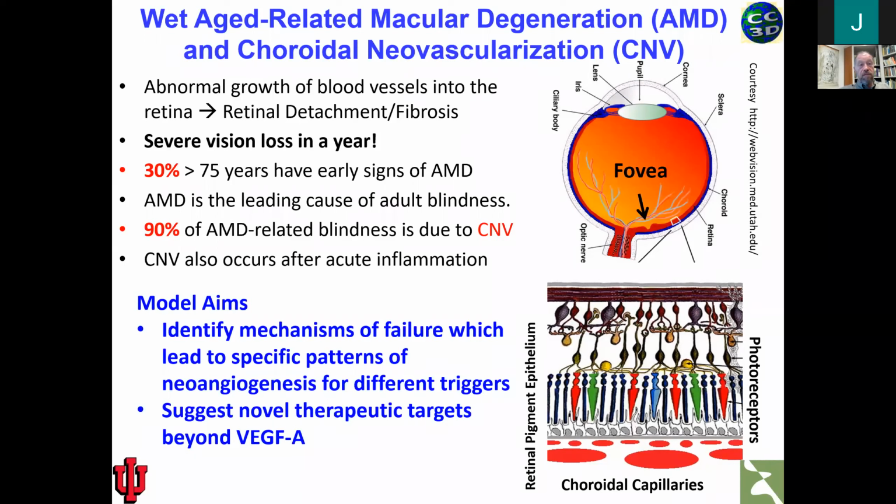Historically, people have identified vascular endothelial growth factor A, that growth factor we studied in the angiogenesis simulation, as the primary culprit. However, drugs to treat this disease by blocking VEGF-A, which are very available because they're used in cancer treatment, things like angiostatin, don't seem to work very well.